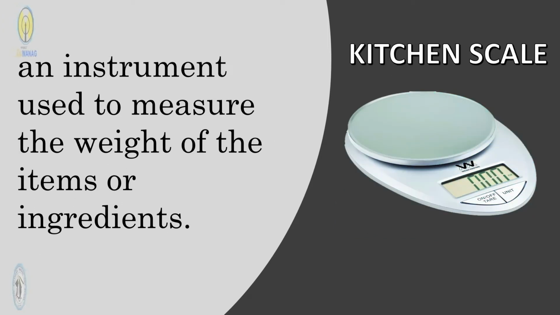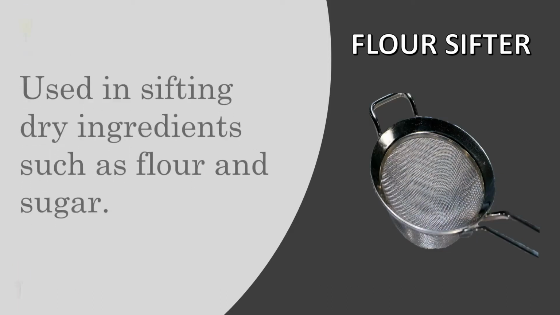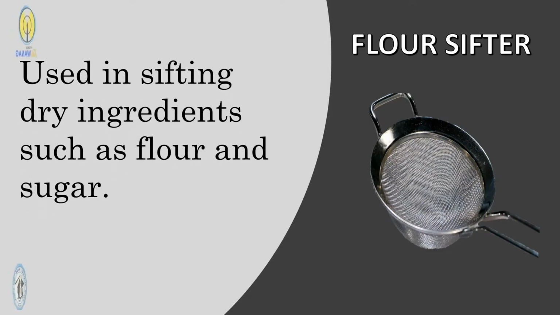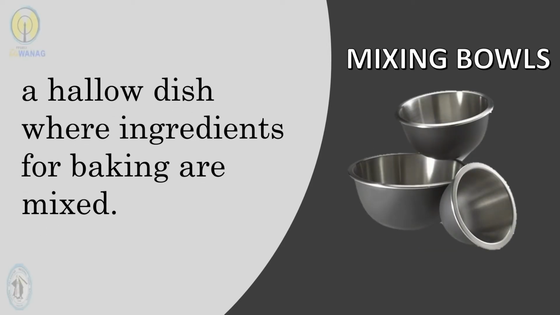And we have the kitchen scale. It is an instrument used to measure the weight of items or ingredients. We also need a flour sifter. It is used in sifting dry ingredients such as flour and sugar. We also need a mixing bowl. It is where the ingredients for baking are mixed.